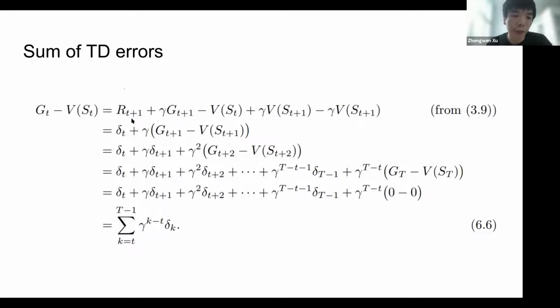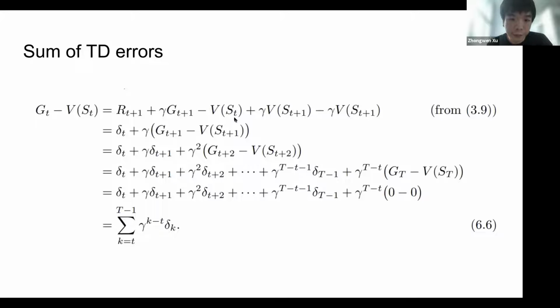We can expand G_t into the reward from the next time step plus the discounted future return, and then still minus V(S_t). Then we append two items here, one plus and one minus, the same thing: the discounted future value.